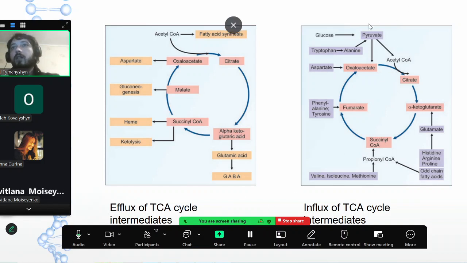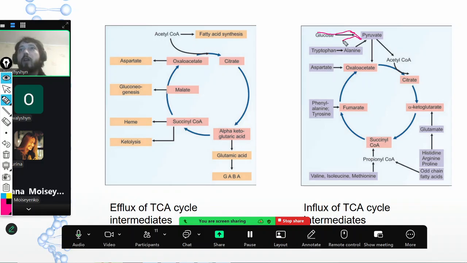Of course, intermediates are not just taken away from the cycle, they can also be invested into the cycle. So here are some of the pathways that can replenish these compounds. For example, glycolysis is the classical way to get pyruvate, which is transformed into acetyl-CoA and then gets into the Krebs cycle.